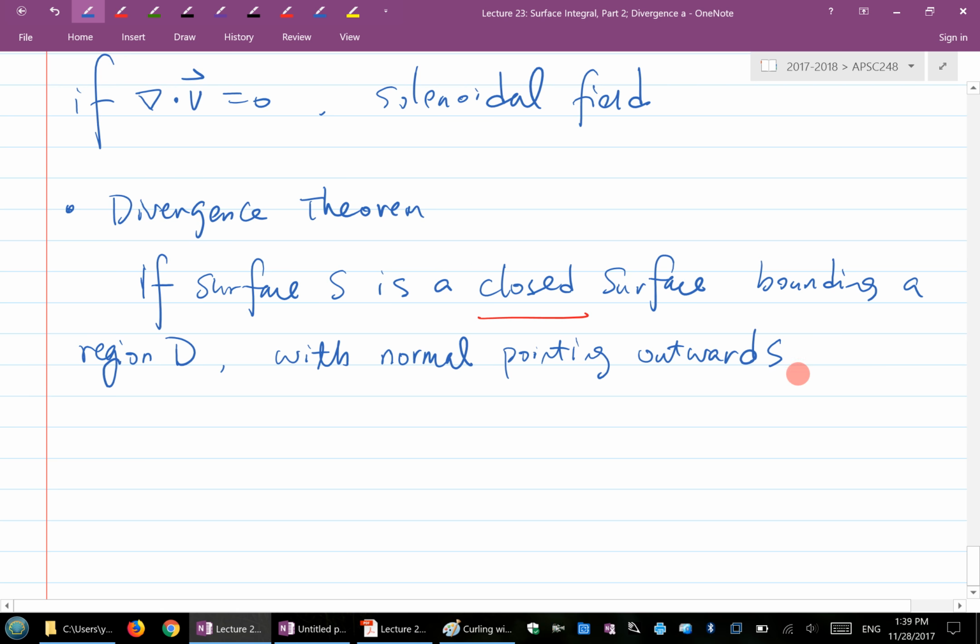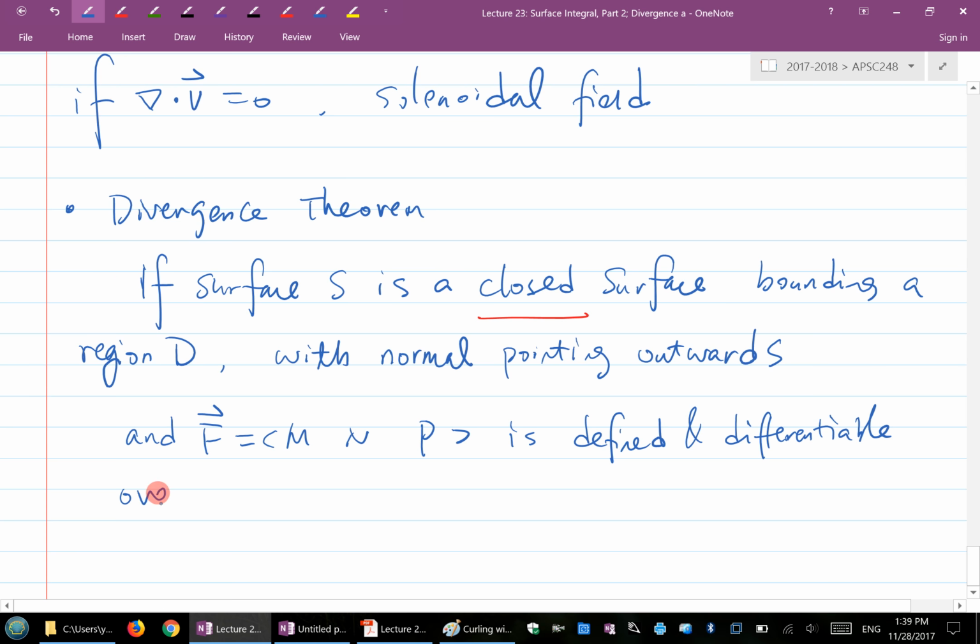So if this is the surface here, and given a vector field F equal to M, N, P, where M, N, P are defined and, more precisely, differentiable over region D. Basically you pick any point within that region D enclosed by the surface S, then F is always defined and also differentiable.